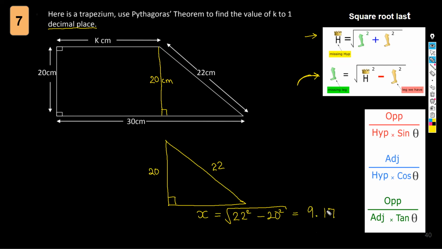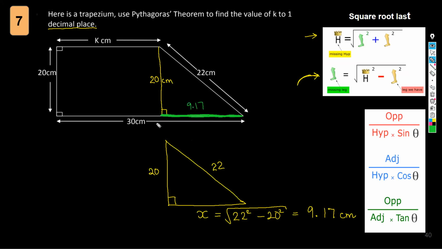Or 9.1765 centimeters. So I think everyone here could agree that this green line here is 9.17.